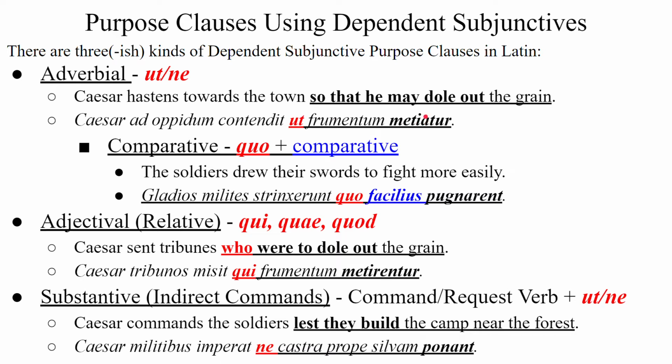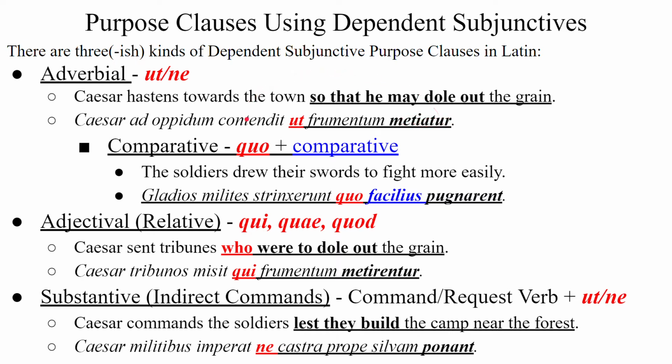The rule for tenses here is that if you have a main verb that is present tense or future tense or present subjunctive or future perfect or an imperative, then the verb in the dependent subjunctive clause should be present.